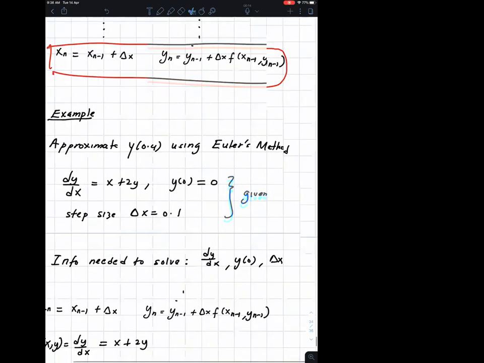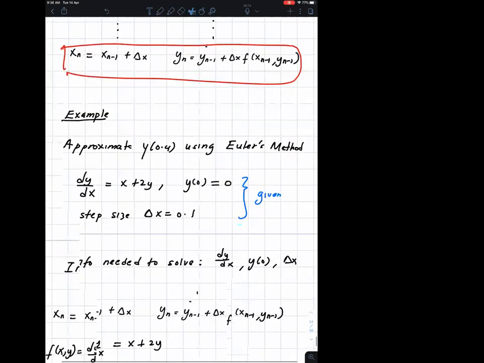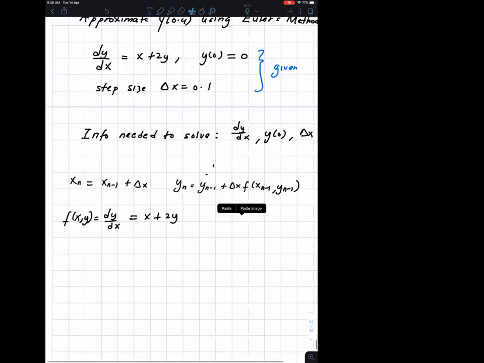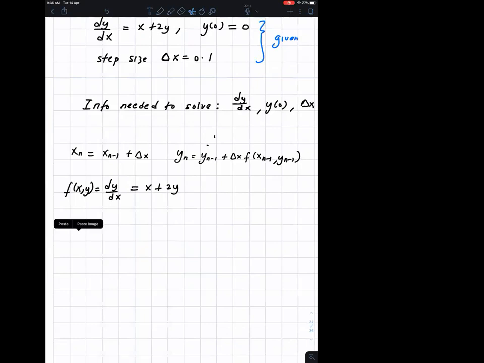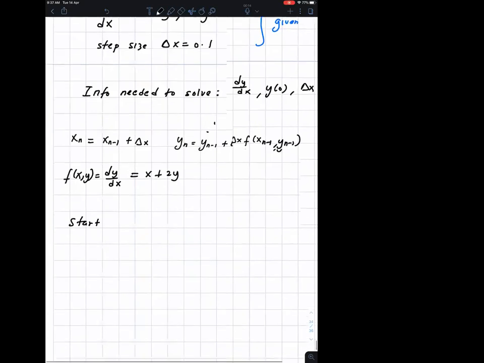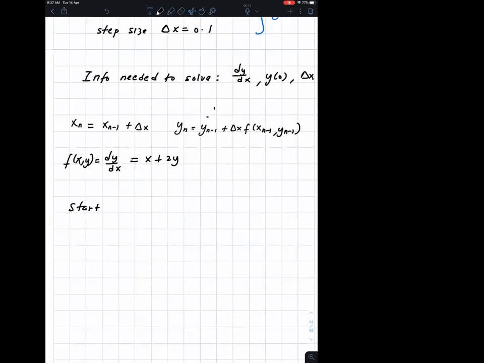Okay, start. How do you start? You start with what was given to you. Start with the initial condition. The initial x value is called x naught, and the initial y value is called y naught.